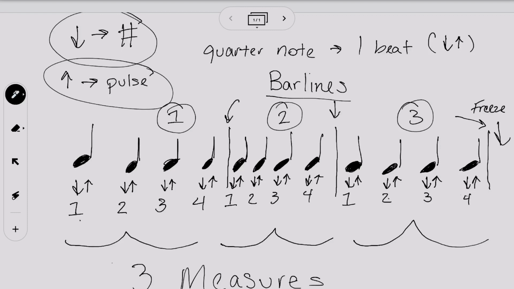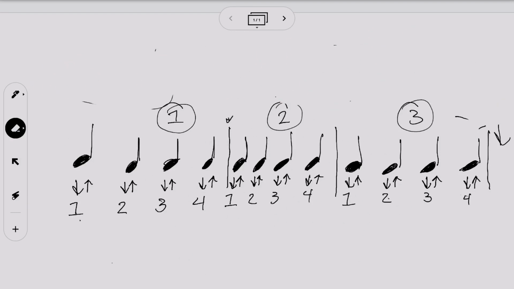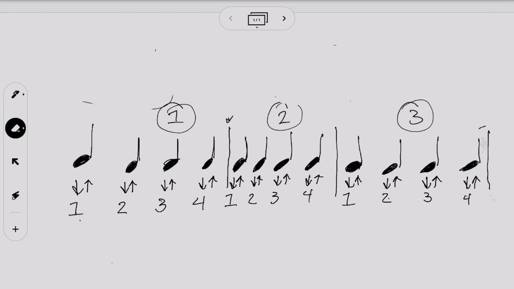All right? Now, I'm going to erase a little bit of stuff up here so that way we have some space. In music, we do have beats of sound, which is absolutely correct. But we also have something else in there that I haven't explained yet. What is the opposite of sound?